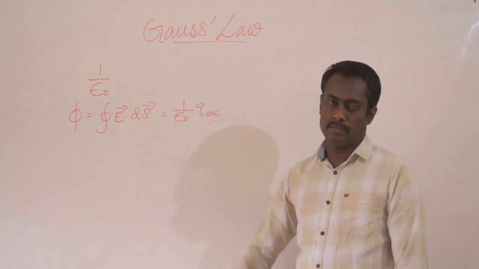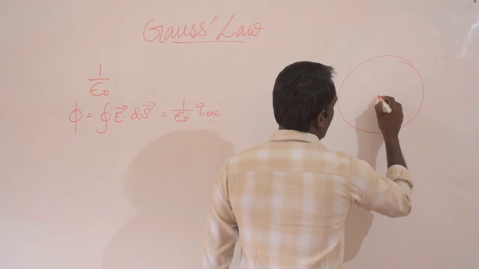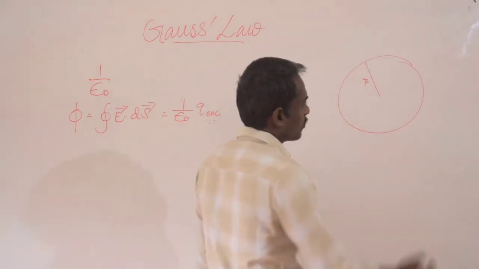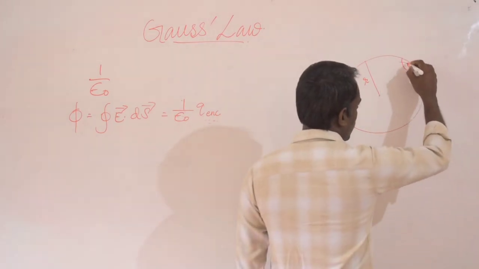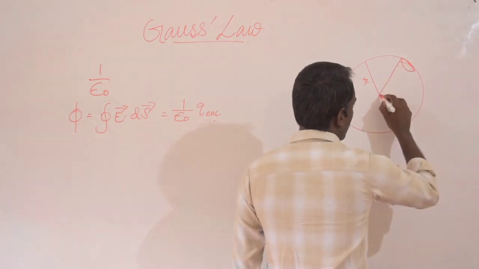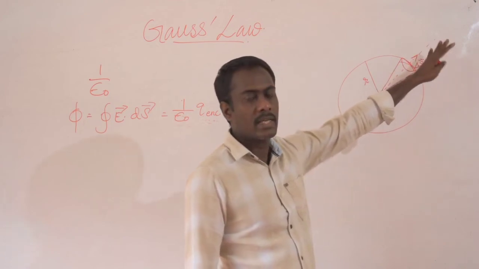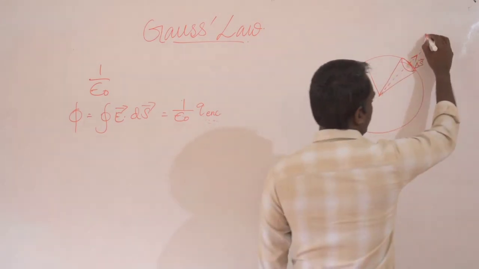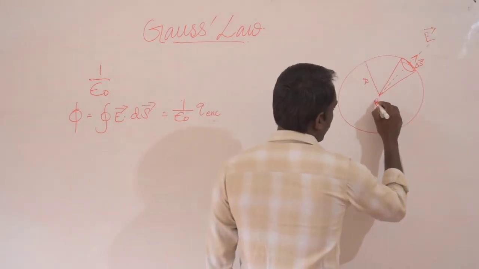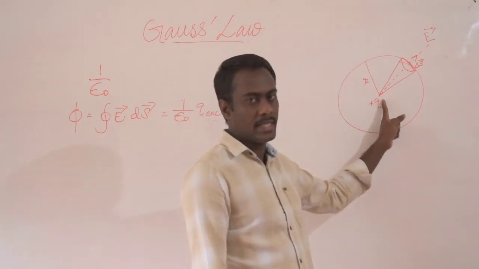in vacuum. So let us consider a sphere of radius R, and consider a small area element on this surface, on the sphere. The direction of area vector and the direction of electric field are same, and this sphere encloses a charge at its center.